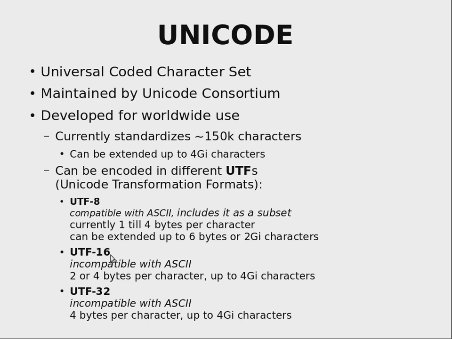UTF-16 means 16 bits or 2 bytes, and UTF-32 means 32 bits or 4 bytes. But both of these are not compatible with the ASCII schema, and usually these are used only when you need to look at these characters as numbers, because these are fixed lengths, either 2 bytes or 16 bits, or 4 bytes and 32 bits.